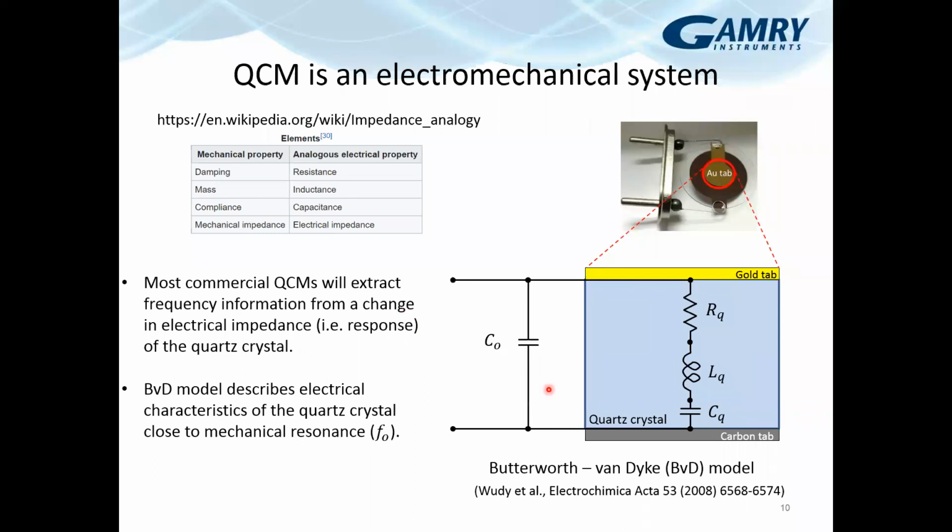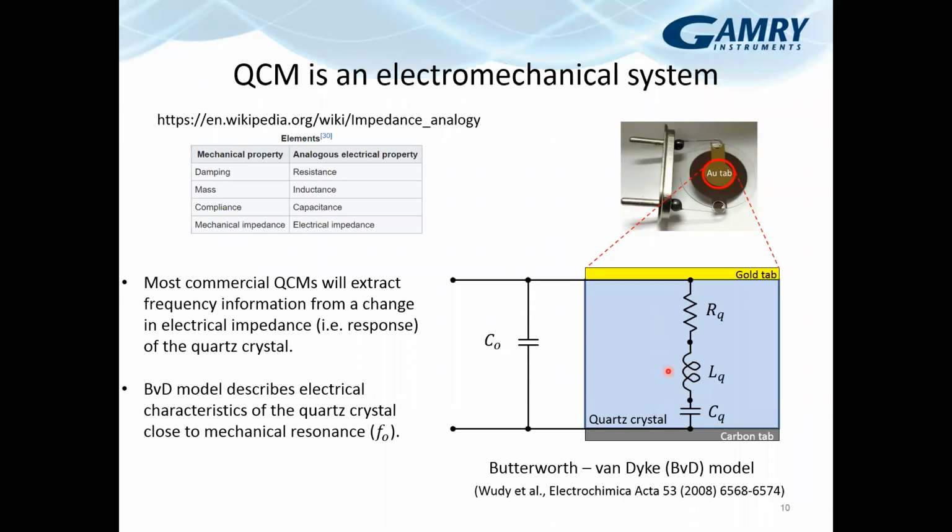So this BVD model in general describes the electrical characteristics of the quartz crystal close to its mechanical resonance. And again, that mechanical resonance, that fundamental frequency, is determined by the dimensions and the cut of the crystal. But according to the impedance analogy, it can be considered an RLC circuit.